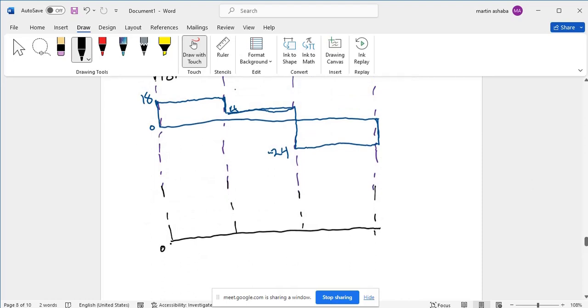So this is 0, this is 2. We have already said when x is equal to 0, 18 times 0, the bending moment will be 0. But if it is 2, I put 2 times 18, and the bending moment is going to be 36, and it is linearly increasing, following the equation of a straight line.